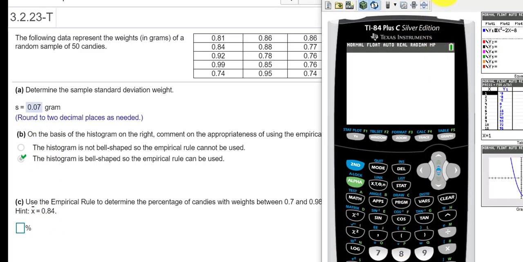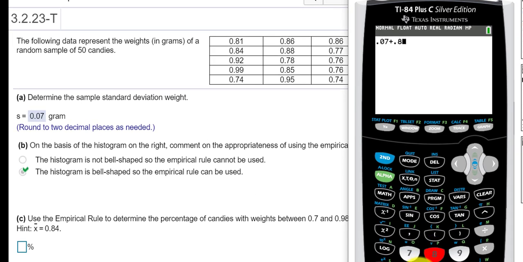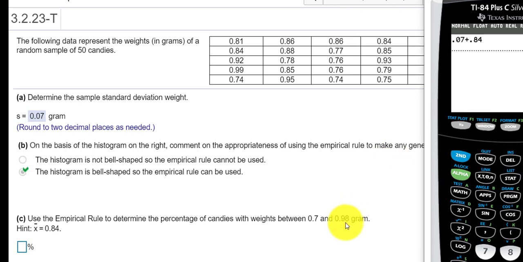With my calculator, 0.07 plus 0.84, one standard deviation would be 0.91, but they're looking for 0.98. So I have to add another 0.07. I had to add 2 standard deviations. Remember, my standard deviation was 0.07. So I added 0.07 twice to 0.84 to get 0.98.